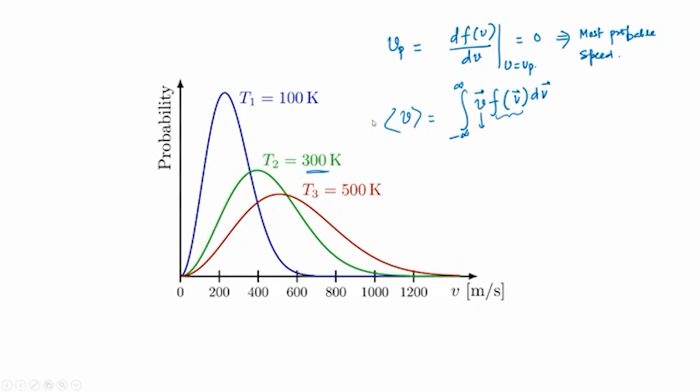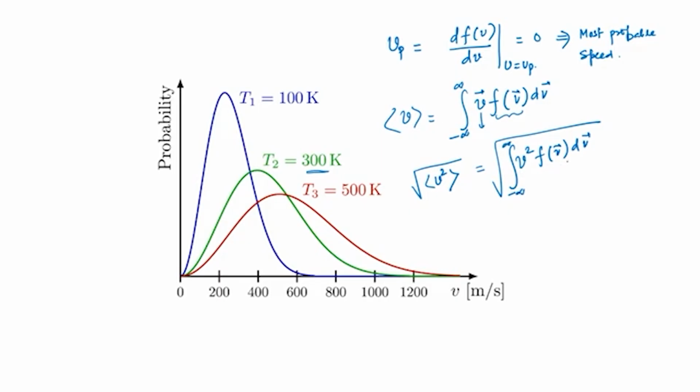Coming to the RMS, RMS is defined as the root mean square. So, what you do is that you have to calculate this quantity, and this quantity can be obtained by first taking v square and f of v dv from minus infinity to plus infinity. So, I take the average of v square.